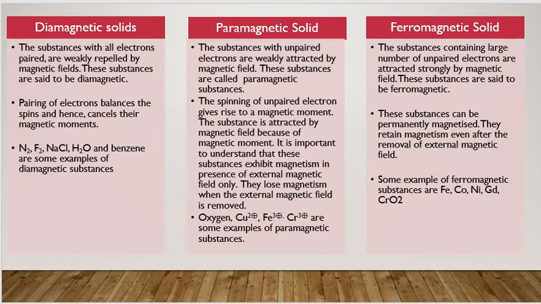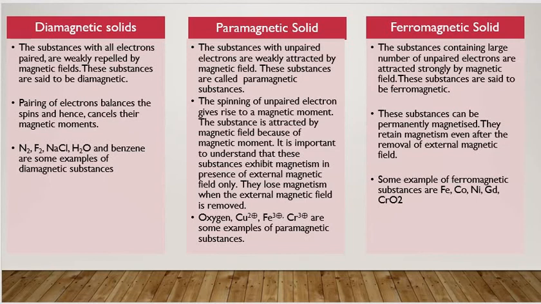The substances are attracted by the magnetic field because of magnetic moment, and these substances exhibit magnetism in the presence of an external magnetic field only, and they will lose their magnetism when the external magnetic field is removed. Examples: oxygen, cupric ion, ferric ion, chromium ion. These are some paramagnetic substances.